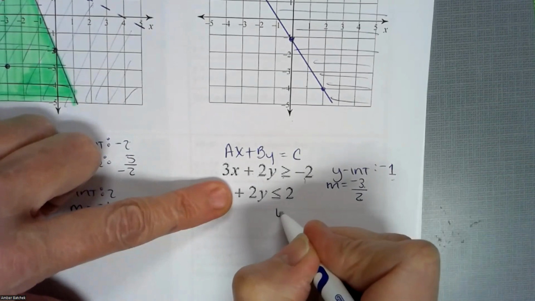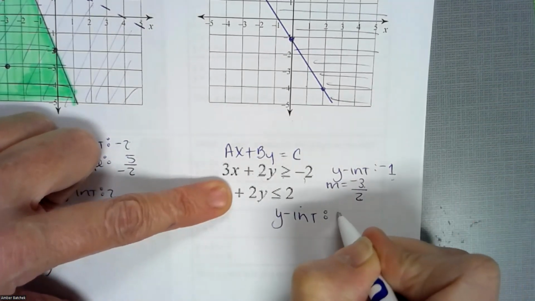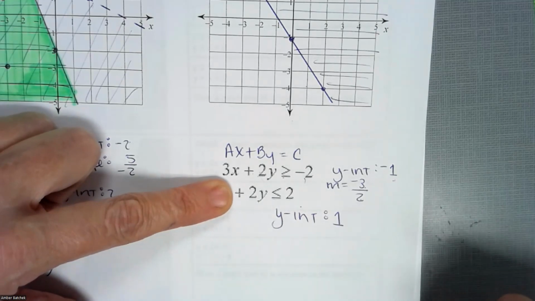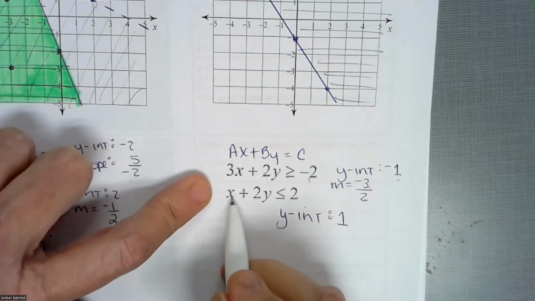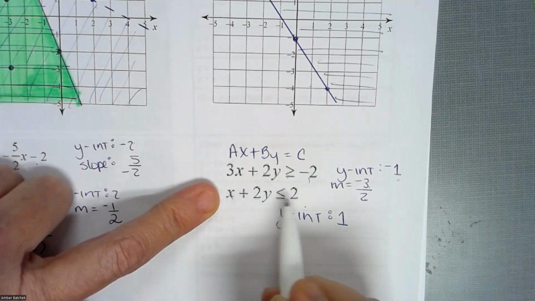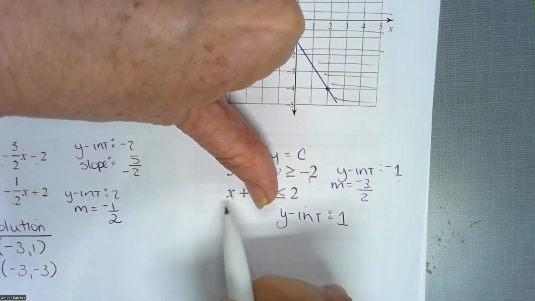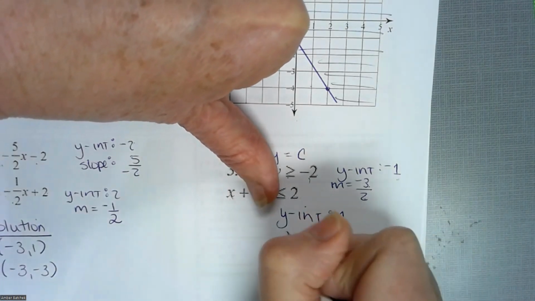I'm going to cover up my x, and I'm going to solve for y by dividing by 2. And I find out my y-intercept is 1. Okay, then one other way that you can get another point on the graph, if you want to do a slope, you can, but this looks real easy. If I cover up my y, then I can see that my x-intercept is 2.